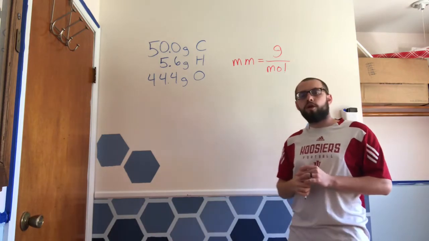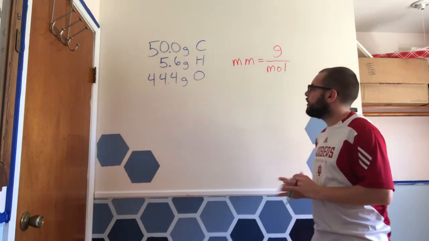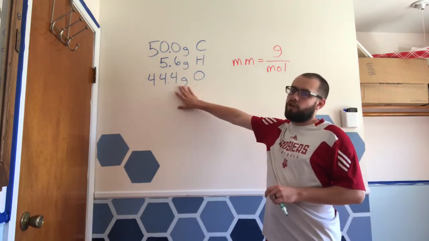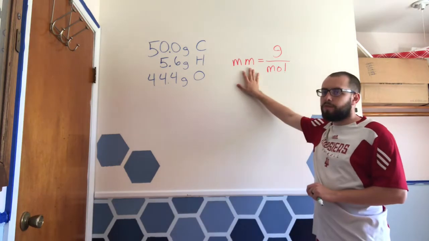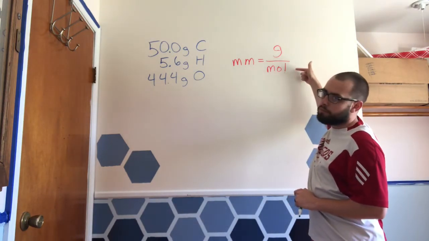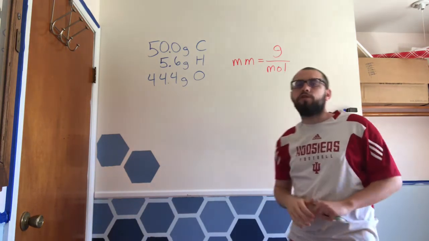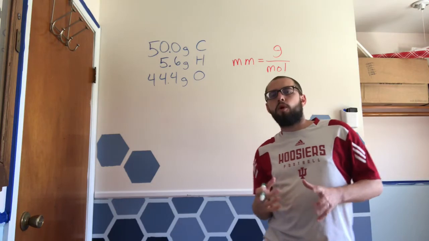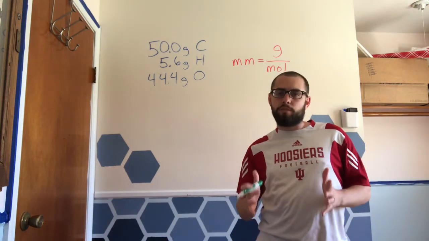When we're starting with these grams here, it's going to be important that we use our molar mass formula and convert those grams into moles. The mole is going to be the more useful measurement here because moles are counting things. The mole is like an actual number, like a dozen.